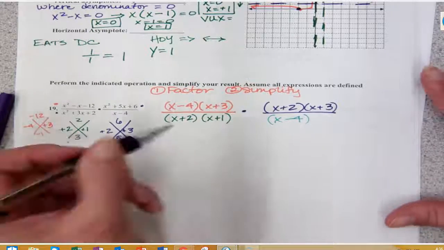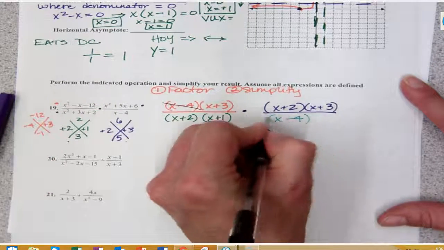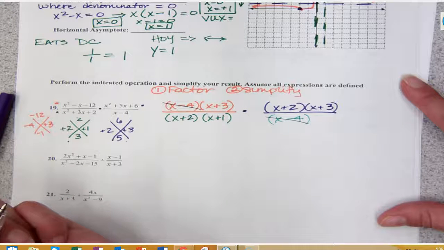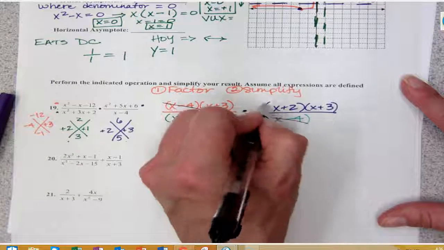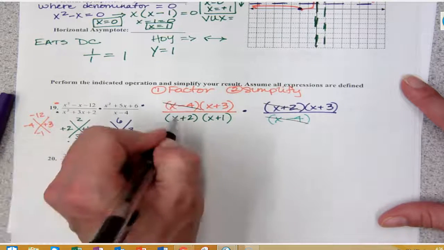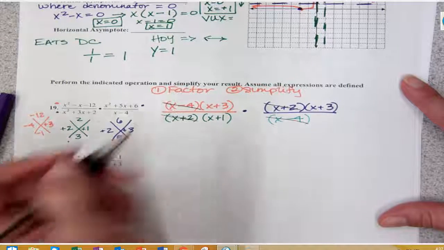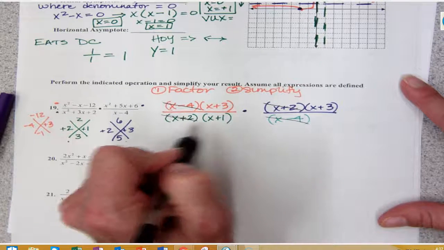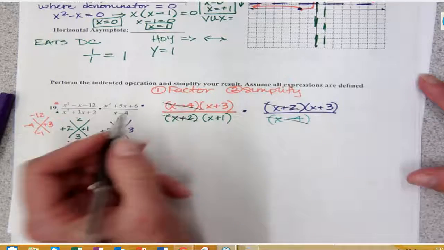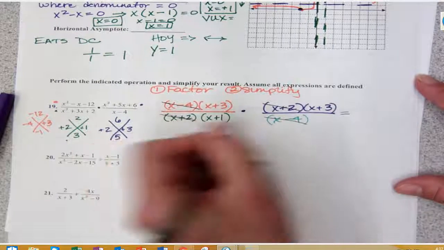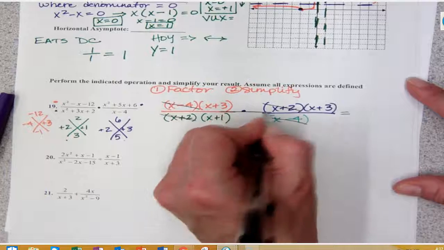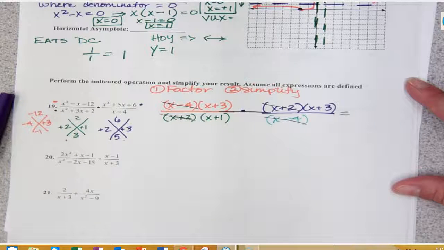And lo and behold, this x minus 4 divided by x minus 4 would give us 1, so we can cross those out. X plus 2 over x plus 2, those can cross out too, since I'm multiplying, basically you're multiplying those all across, so it's going to end up being one big problem.